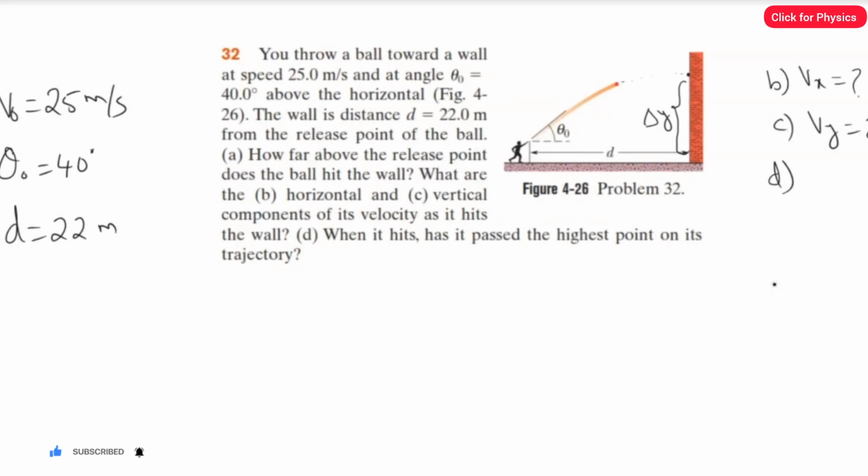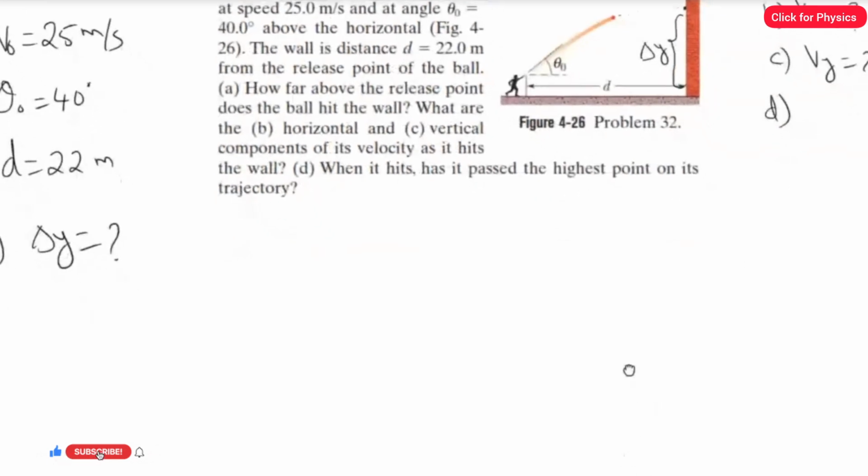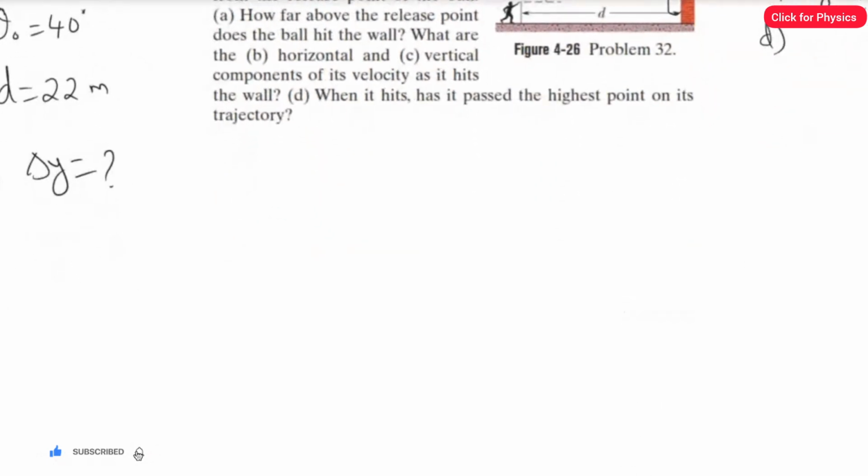Now for finding delta y, I am going to use the second equation of motion with constant acceleration. I have to change that equation in terms of the vertical axis, and replace the acceleration with the free fall acceleration. Here the ball is in the air, so we consider the g value as negative.